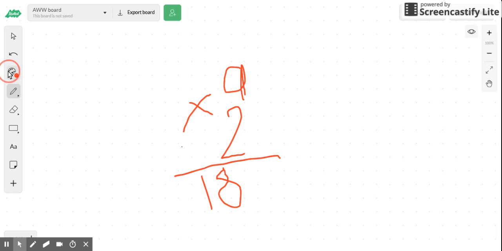What you can do is almost like the finger strategy. With the bottom number, it's up to you to choose what you want to do with it.